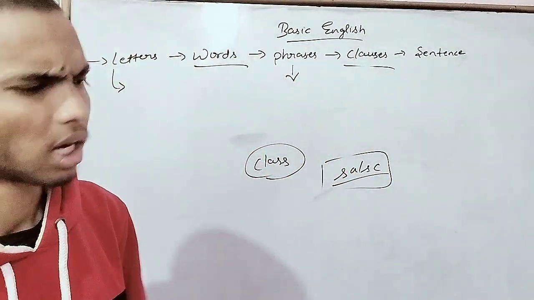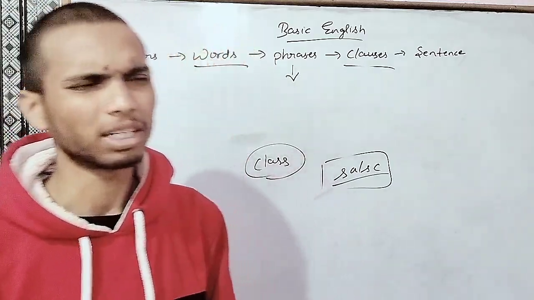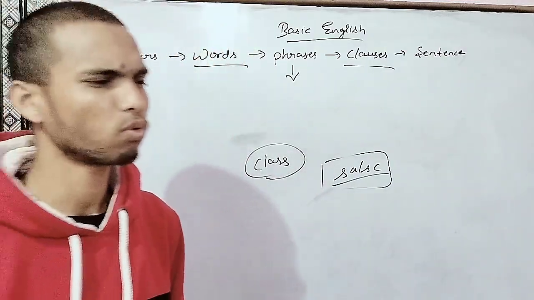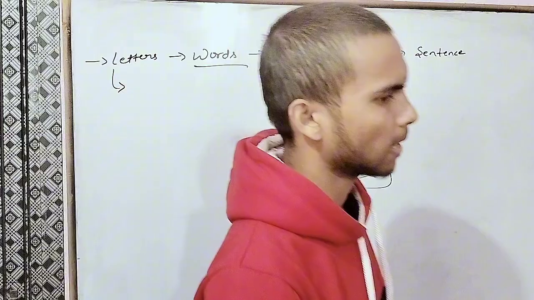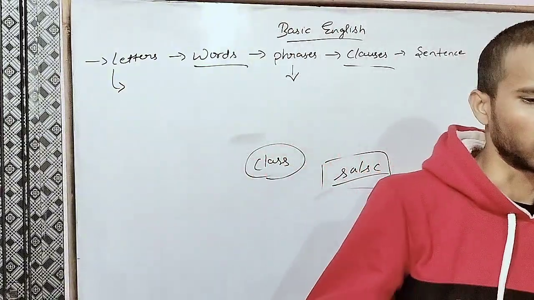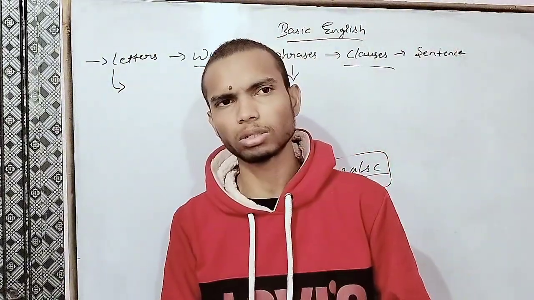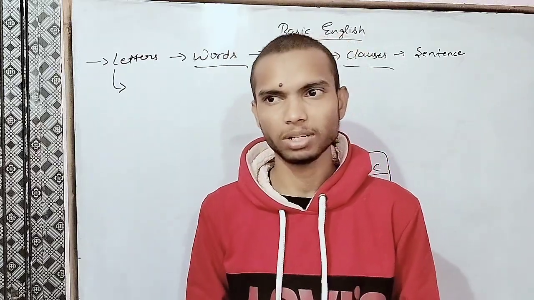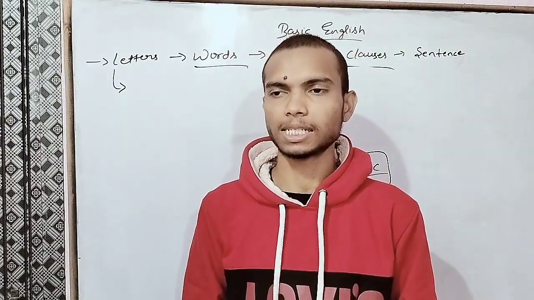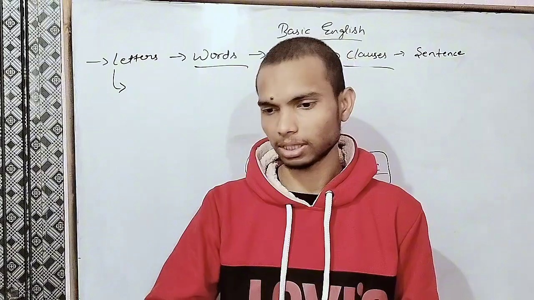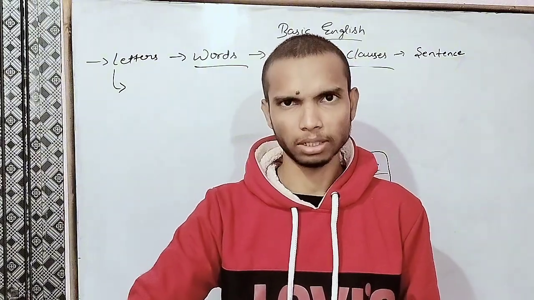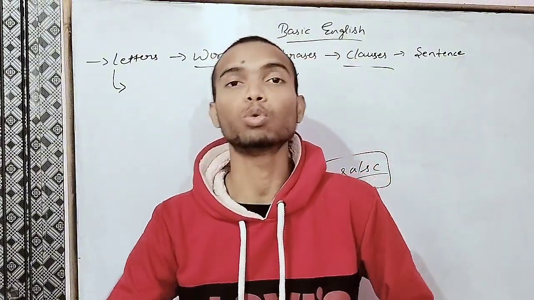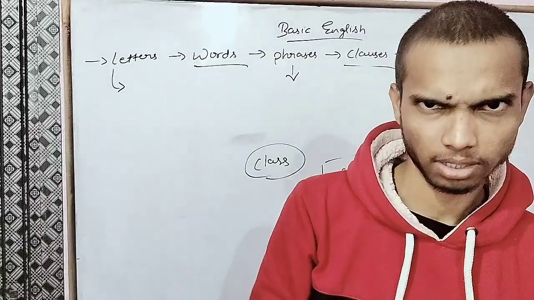Clauses. There are two types of clauses. First independent and the second dependent. So what is the meaning of this? Independent says that I do not depend on any other sentence. There is one sentence when we realize that it doesn't need to depend on another sentence.